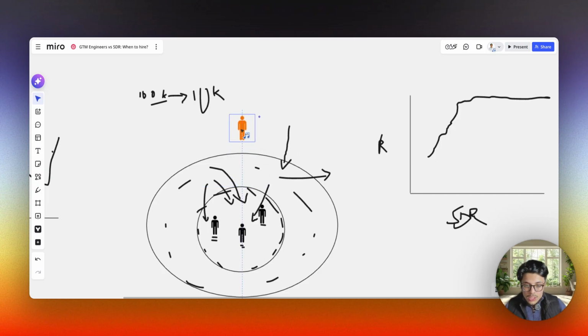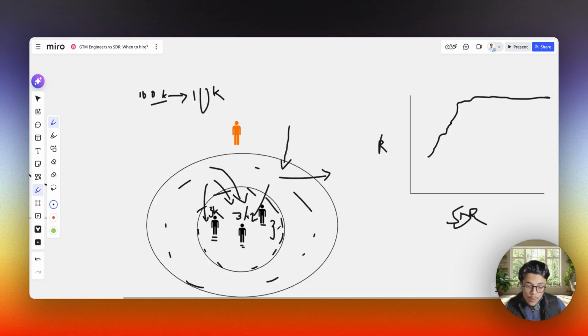This GTM engineer is going to do all the magic, using tools like Clay, Claude, and everything else, and find out how many of these 100,000 people are actually tier 1, tier 2, or tier 3. Then they map them all and provide these tier 1 leads to these 3 SDRs. So right now, that way they can work on 3K leads each, right?